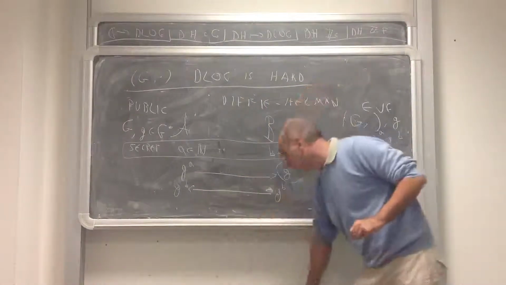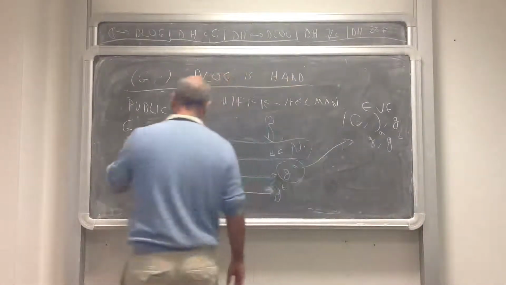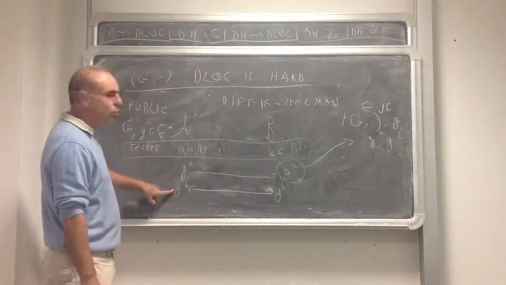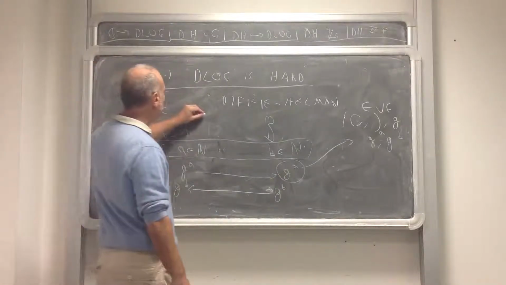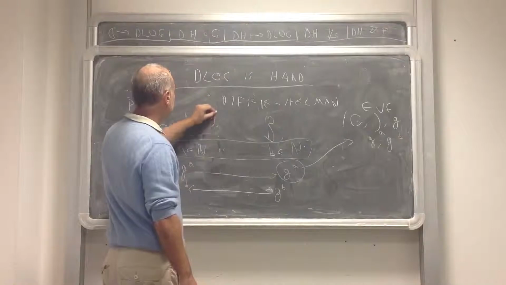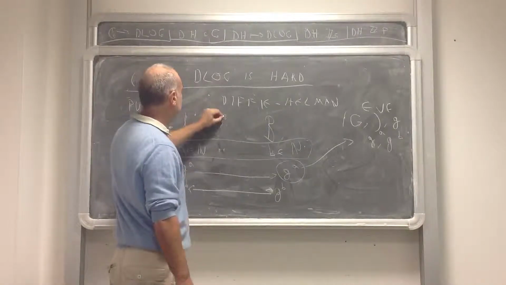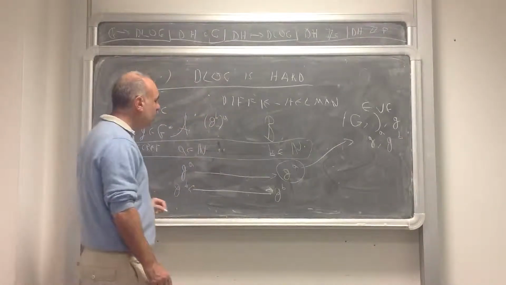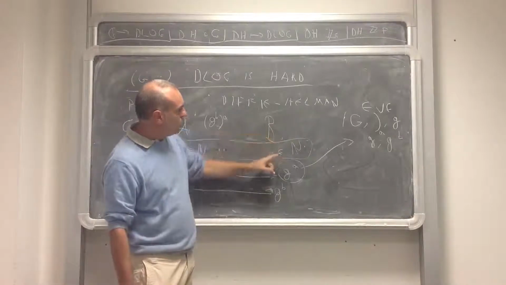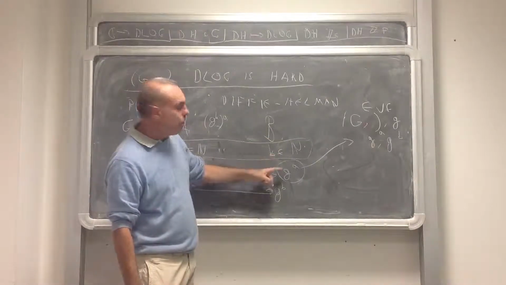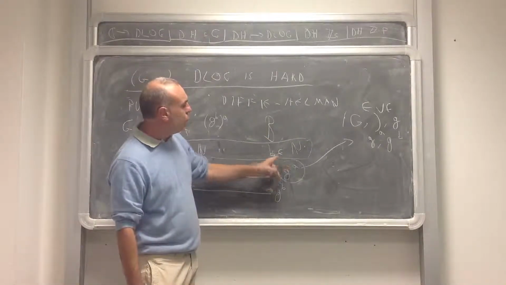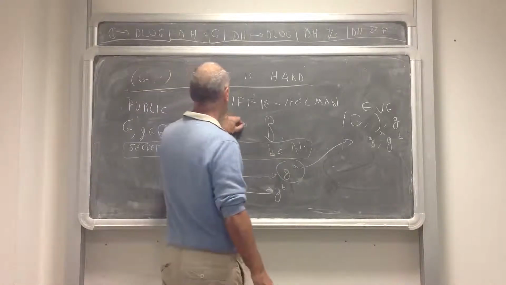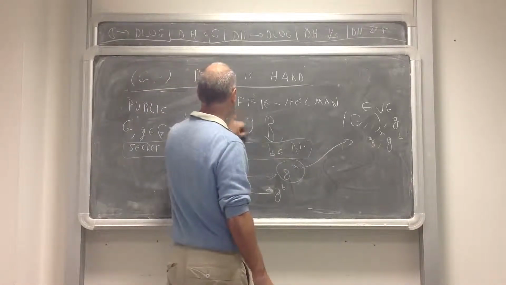Now Alice knows A and knows G to the B. So Alice can do G to the B to the A. Bob knows B and G to the A. So Bob can do G to the A to the B. And this will be the same.